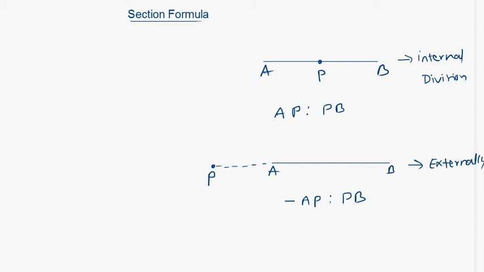Now the coordinates of the point P, which divides the line segment joining AB, are given by a formula.